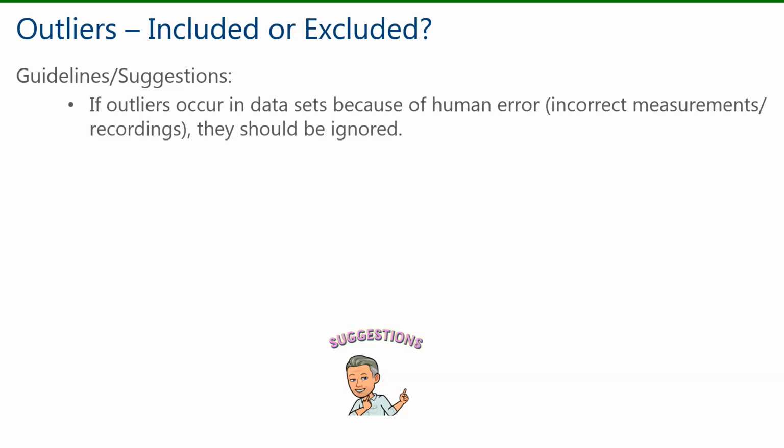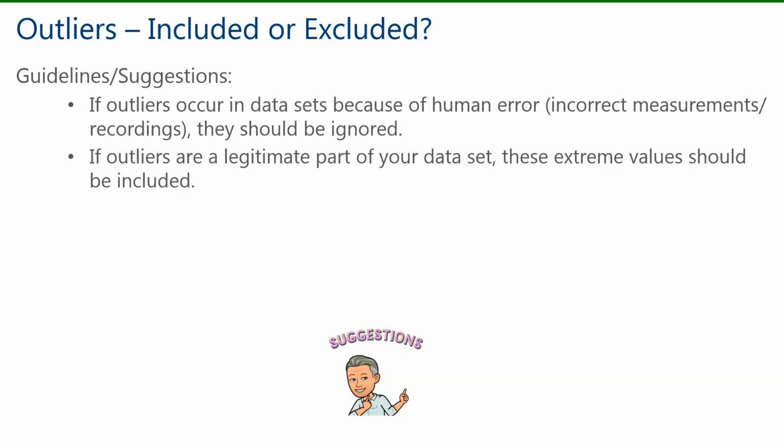First of all, if outliers occur in data sets because of human error, such as incorrect measurements or recordings, they should be ignored. But if outliers are a legitimate part of your data set, these extreme values should be included.